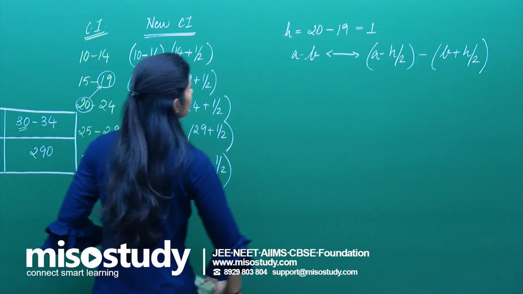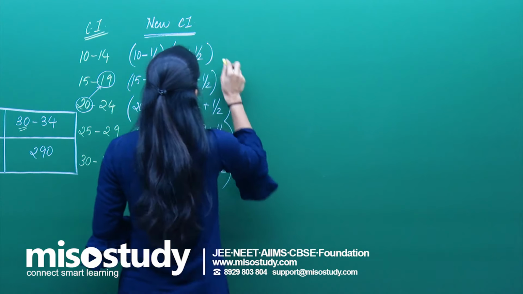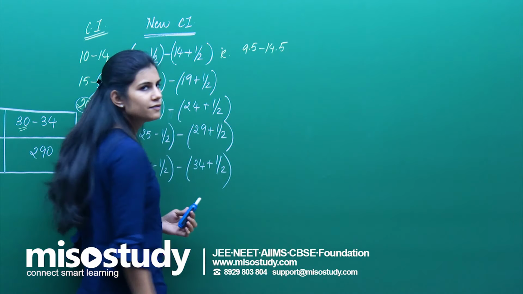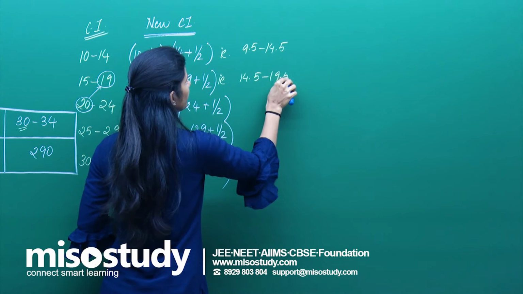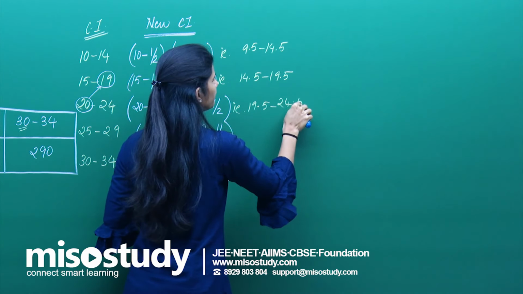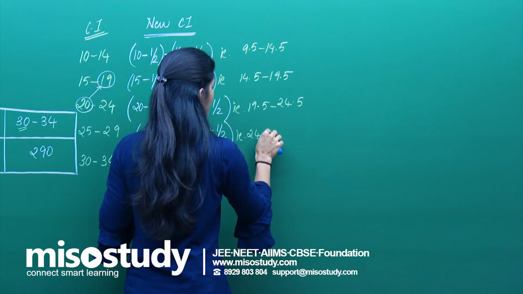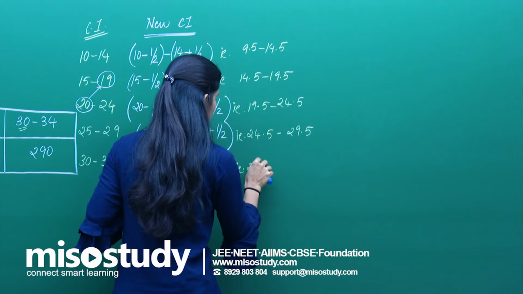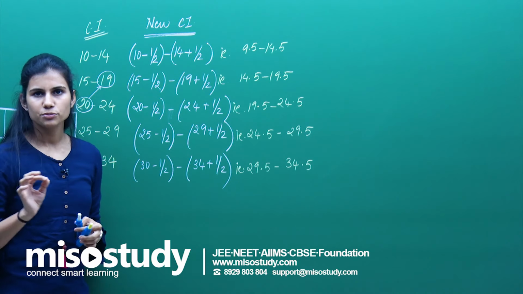So based upon this rule, we now have our new class intervals as 9.5 to 14.5, 14.5 to 19.5, 19.5 to 24.5, half is just 0.5, again 24.5 to 29.5 and 29.5 to 34.5. And that is the accomplishment of our aim.